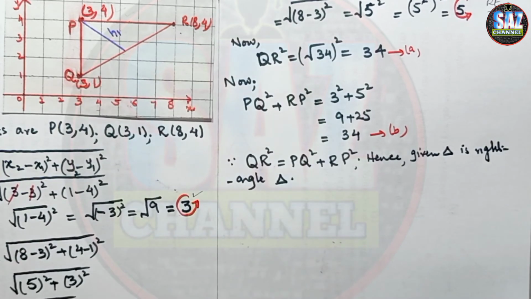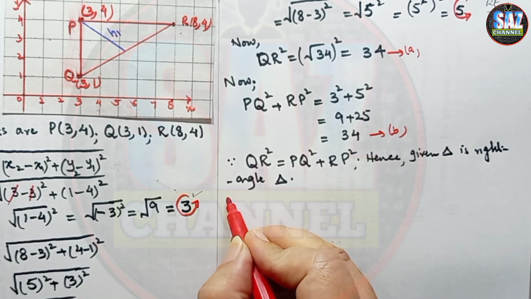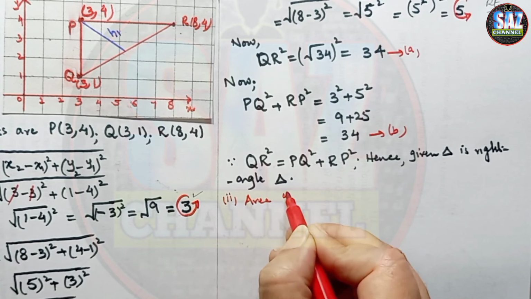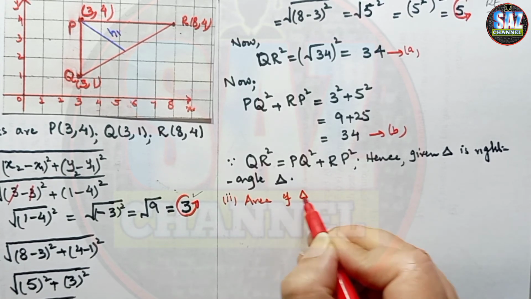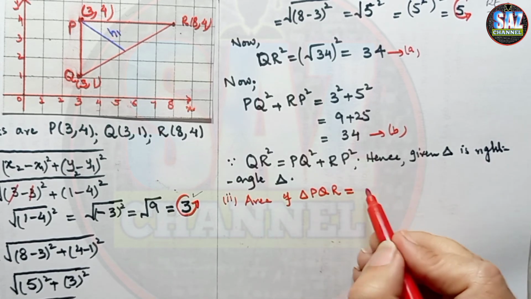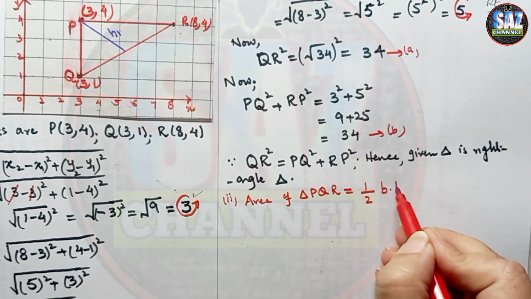Now first of all, for finding the length of perpendicular from P to QR, we have to find the area of triangle PQR. As this is a right angle triangle, we know that the formula for the area of a triangle is half base into height.